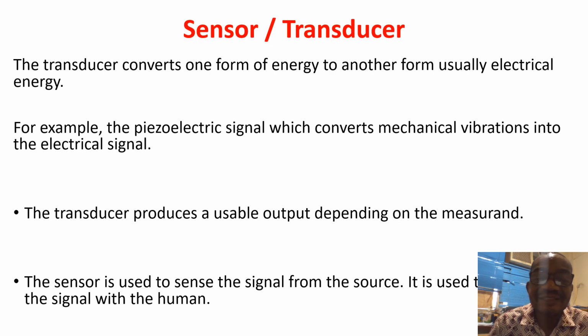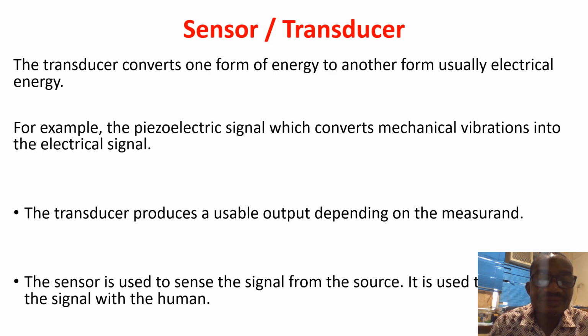Then let's look at the sensor or transducer. The transducer converts one form of energy to another form, usually electrical energy. So the transducer converts that physical quantity into electrical energy so that the system can process it. Usually in an ultrasound machine, we have piezoelectric transducers, which convert mechanical vibrations into electrical signals.